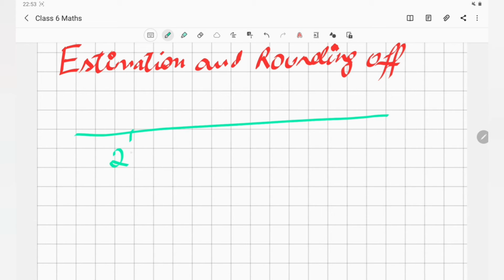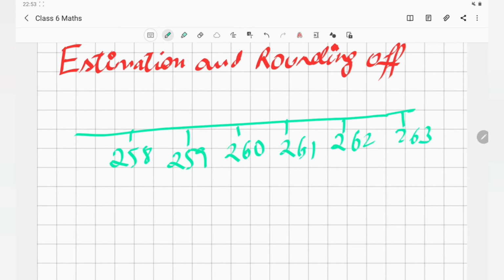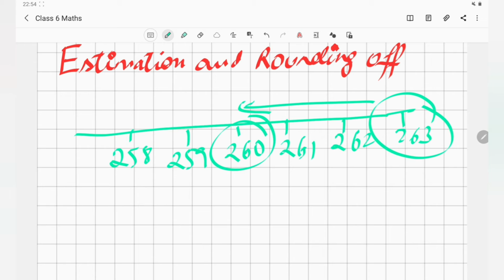Let us say there's a number line that starts at 258, then 259, 260, 261, 262, 263, and so on. If you have a number which is, let us say, 263, the estimation will be that you'll go to the nearest 10, which is 260, and you'll say that okay, it is somewhere near about 260. That's the conversational language that we normally use, right?